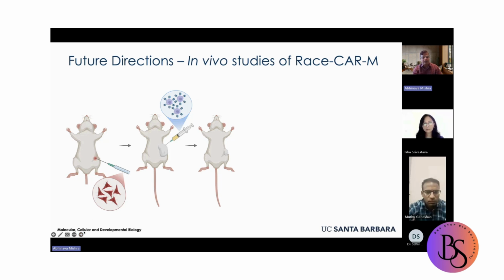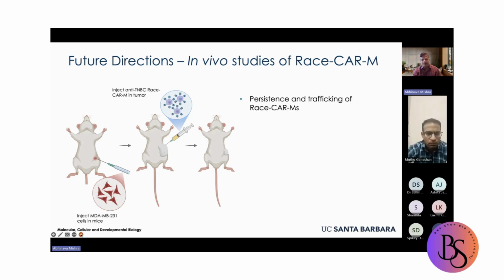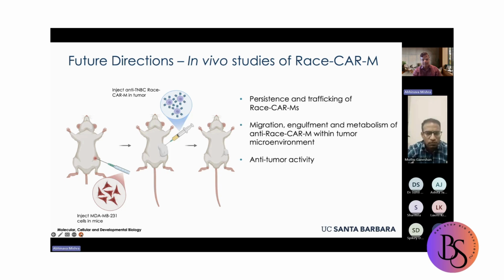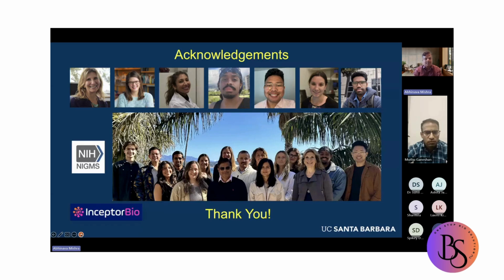Then we inject the CAR macrophages, and we want to see whether these macrophages can persist, whether they migrate to the tumor, whether they have anti-tumor efficacy, whether they can also recruit a broader adaptive immune response, and whether they can also work with the combination therapy of the PARP inhibitors.